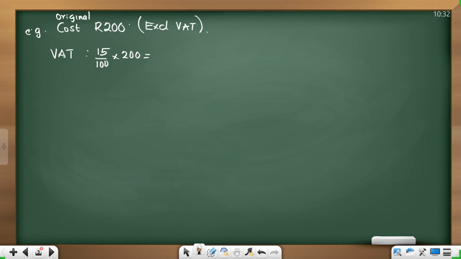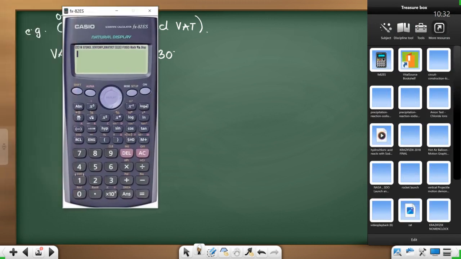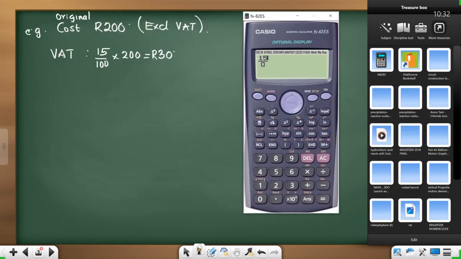Now, what is the amount of VAT that will be paid on that? You put that in a calculator and you're going to get 30 Rand. Please put that in a calculator. So it is 15 over 100 multiplied by 200, which is 30 Rand.